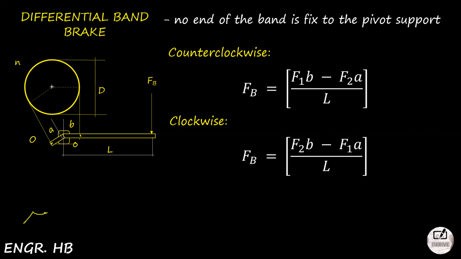Suppose this is the length, and this is your A, and this is your B. Let us work out the clockwise case. By the way, guys, when you answer questions about brakes and no approach is stated, always assume clockwise.